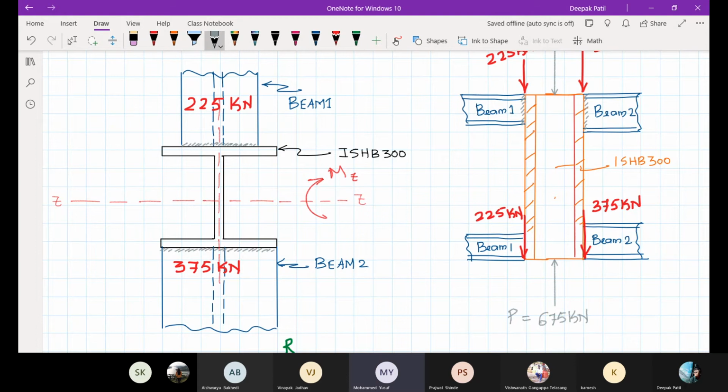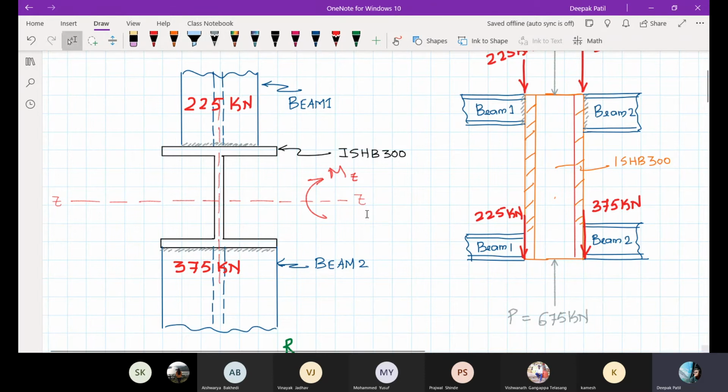So a couple force will be there. No. My question is, the beam end reaction from this side is 225, from this side also it is 225. Then what will be the value of Mz? Sir, 0. Yes, you told 0. On what basis did you say 0? That is the answer on how to calculate Mz.